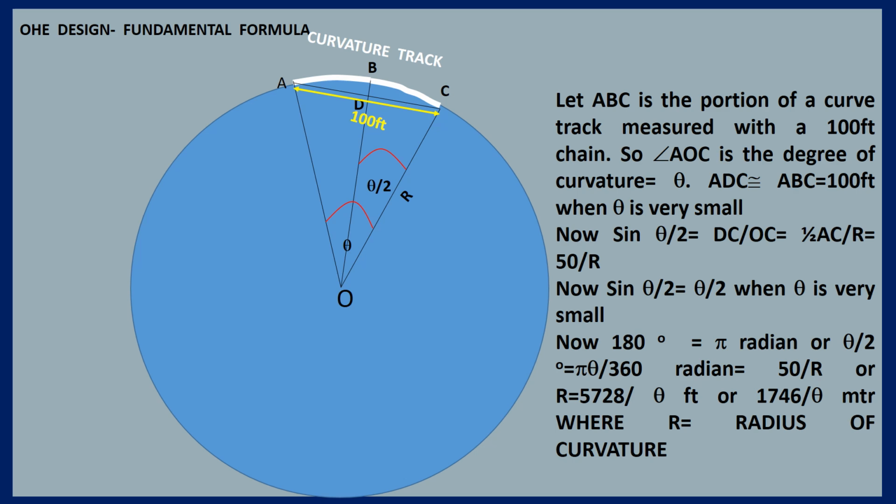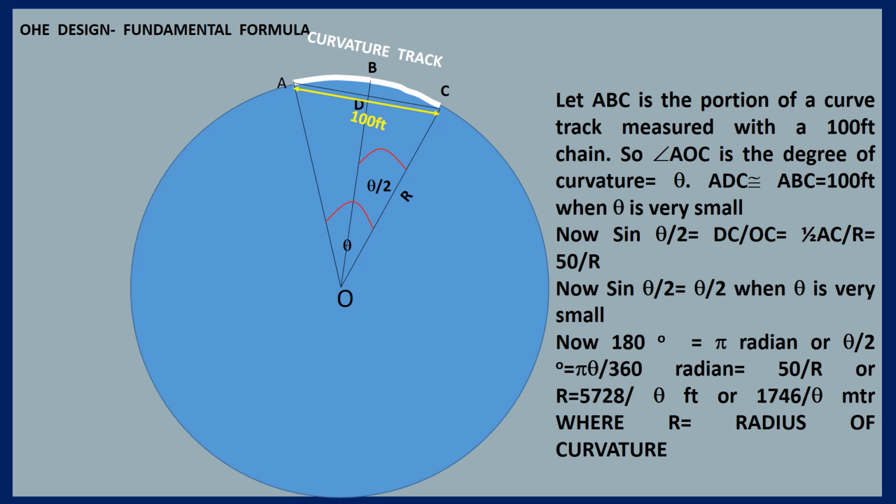Now with the 100-foot chain we measured the track length, and as theta is small, arc ABC is equal to chord AC can be told. That means AC is also 100 feet.